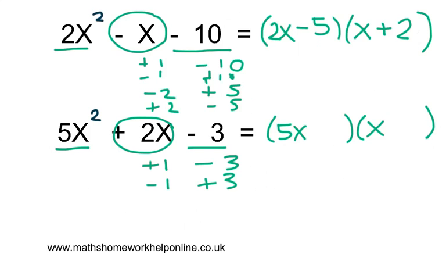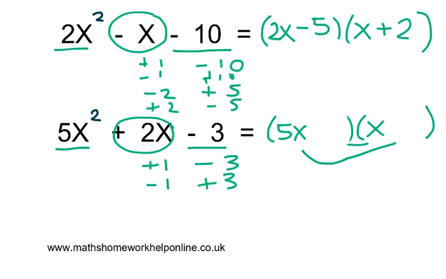So if we had 1 here and 3 here, that would give us 15x and 1x, which wouldn't give us 2, it would give us 14. So that wouldn't work. So let's try swapping them around.